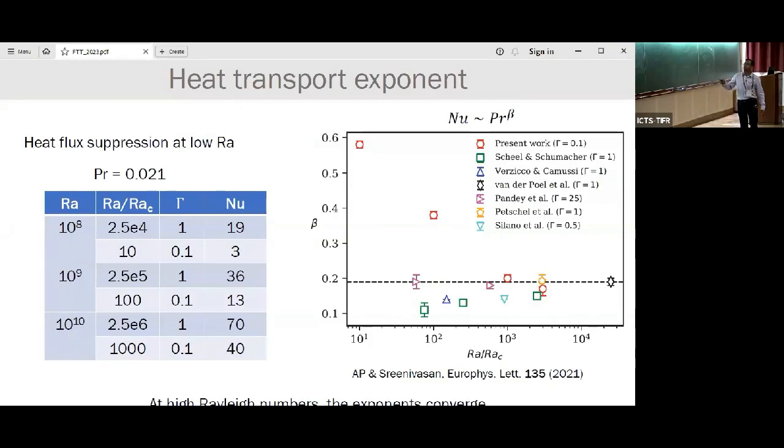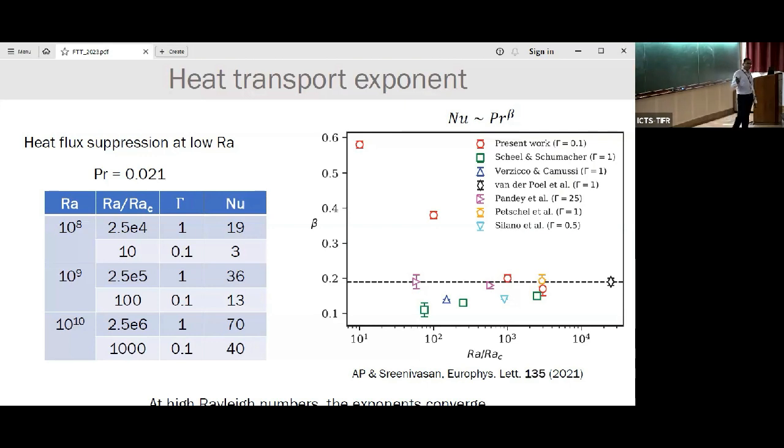You can see that the slope is much higher, whereas if you look at the larger gamma, gamma equal to 1 or 2 or half data, then the slope lies nearly at 0.2. So this slope approaches the value in the extended and wider domains as Rayleigh number increases.